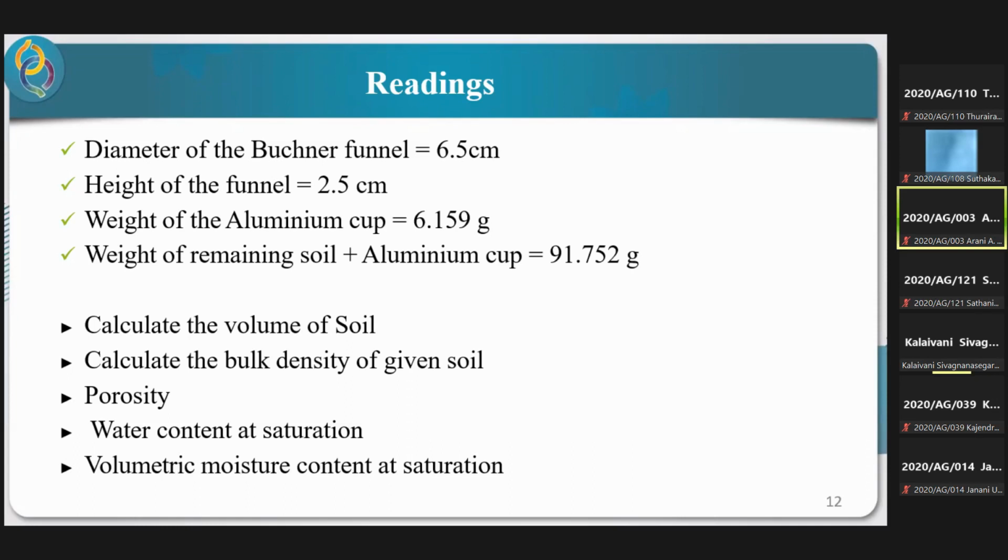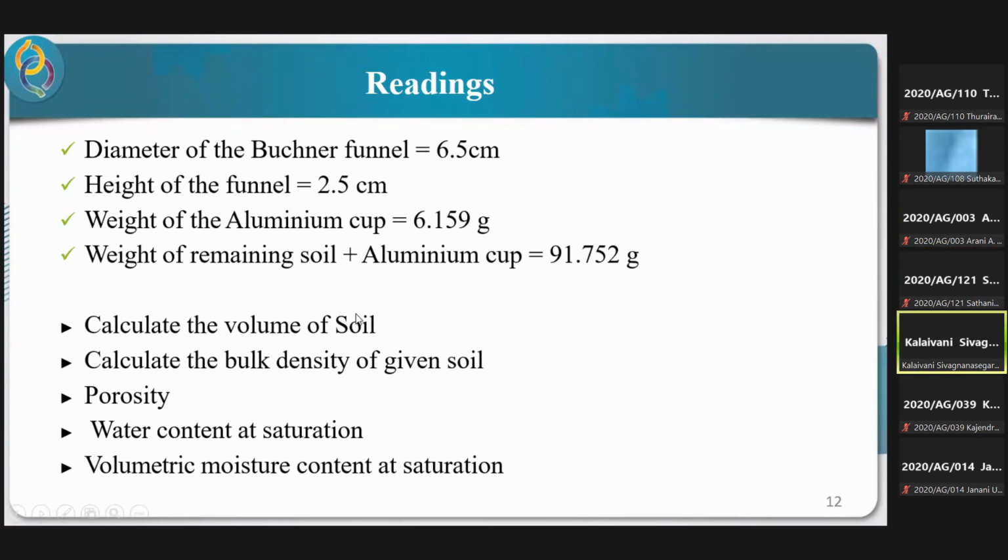So you have to apply the equation of the cylinder: volume equals pi r squared into h. Using that equation, you can find out the volume of soil. Did you all understand that one? Yes, ma'am. First step finish: calculate the volume of soil. So you can answer for that question.